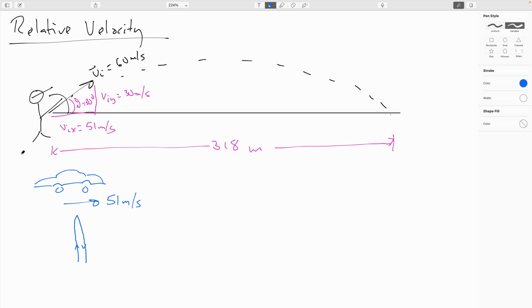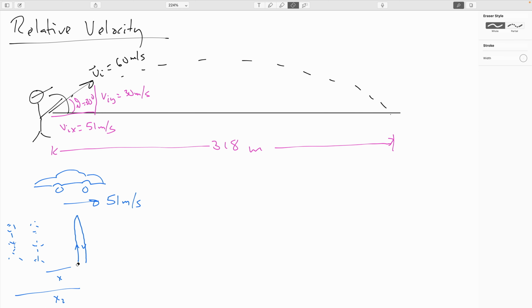In so doing, in the frame of the car, they see the arrow go straight up and down, but they would say that since the archer in their frame keeps moving further and further away from the path of the arrow, this distance, call this x1, call that x2, this distance here keeps getting bigger and bigger. So they would conclude that the archer would see this parabolic trajectory that we've come to expect.